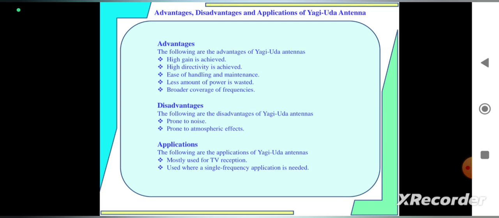That is, if any folded dipole antenna functions at 20 MHz, it will also function at 60 and 100 MHz frequencies. Since a simple lambda by 2 dipole antenna carries 73 ohm radiation resistance, it is inconvenient to match it with the feed line of characteristic impedance Z0 equal to 300 ohm.